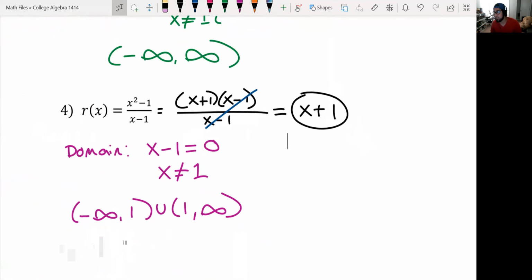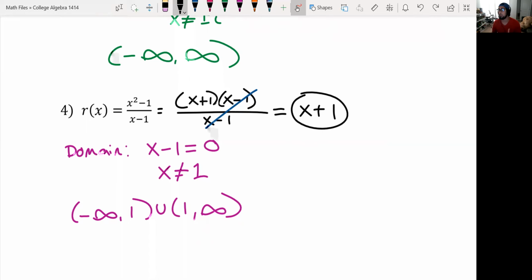Well, now the big question is, does the domain change because we have a new function? And the answer is no, it does not change. Since this function came from the original rational function, no matter how many times you reduce it, it still has to abide by that domain, no matter what.